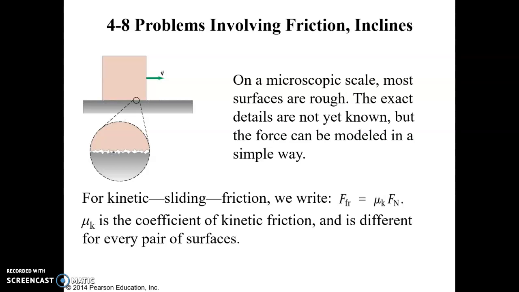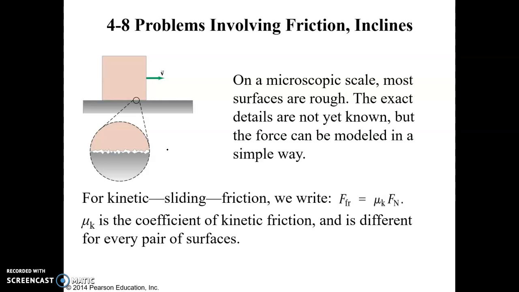Any smooth surface, if you look closely enough, is not perfectly smooth. Some surfaces are smoother than others, but there are some high spots and low spots on both the box and the table. And these irregular surfaces interlock with each other to varying degrees, and that causes what we know as friction.